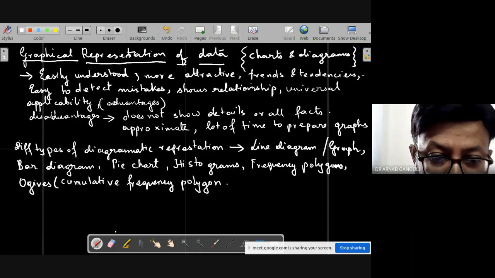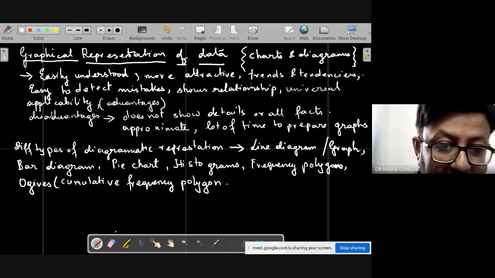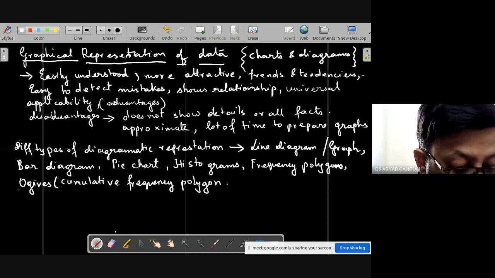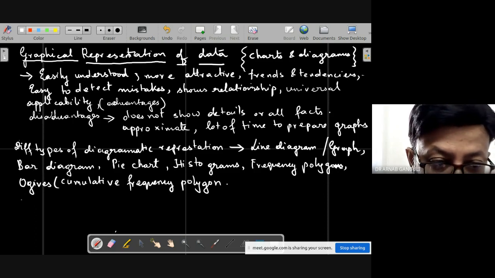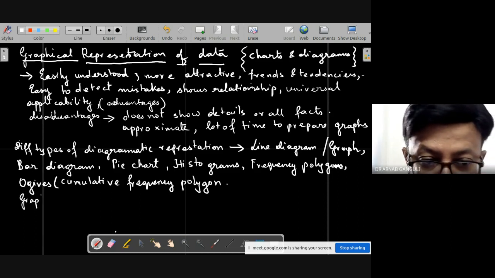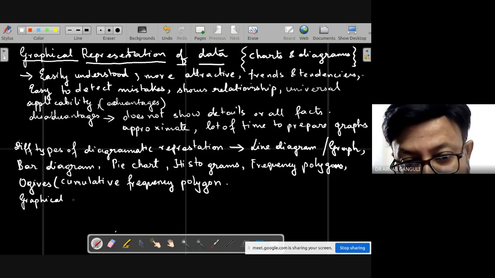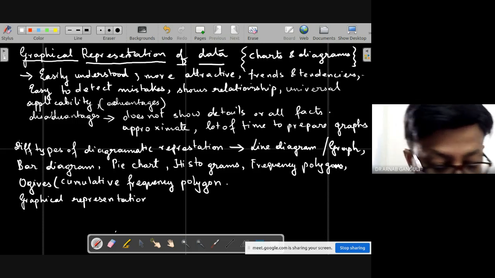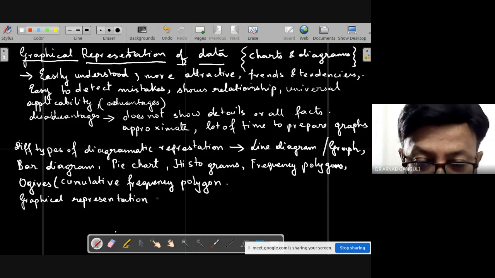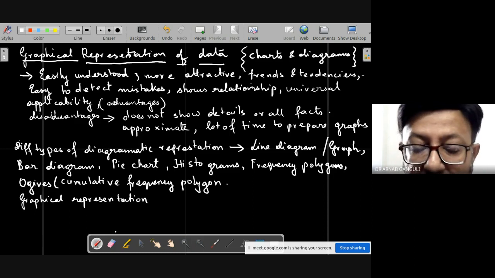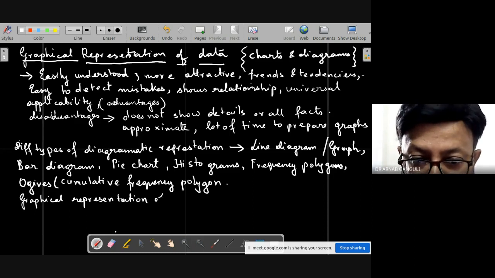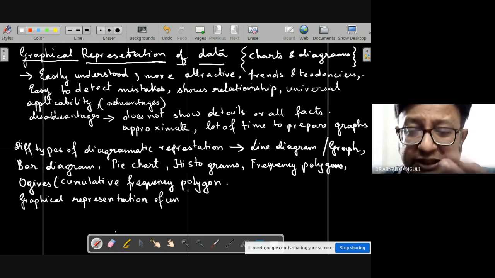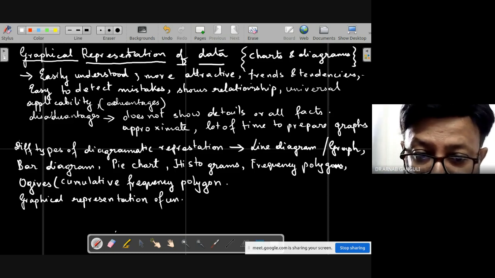Here also, for ungrouped data, what are the ways by which you can represent it? Short questions will come from here.